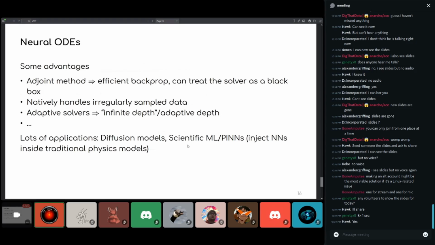But of course, now we know that there's a lot of applications. Like you have diffusion models, some cases of which use ODE solvers. And then the big one, which at least for me is interesting, is basically scientific machine learning and PINNs, where the idea is that you have a physical model, like let's say you're trying to model the spread of COVID for a population, and you know some terms, but some piece of the model you don't exactly know.